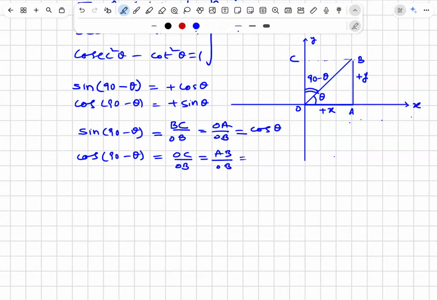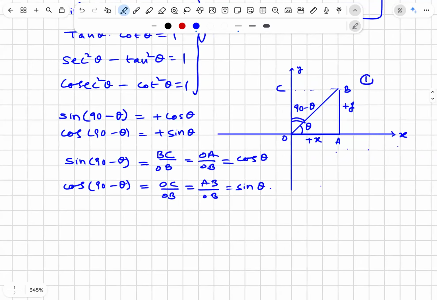AB is opposite side by hypotenuse. That is sin theta. So this is true for all other terms also. In first quadrant, sin 90 minus theta terms are all positive ones. Tan 90 minus theta becomes plus cot theta. Cot 90 minus theta becomes plus tan theta.